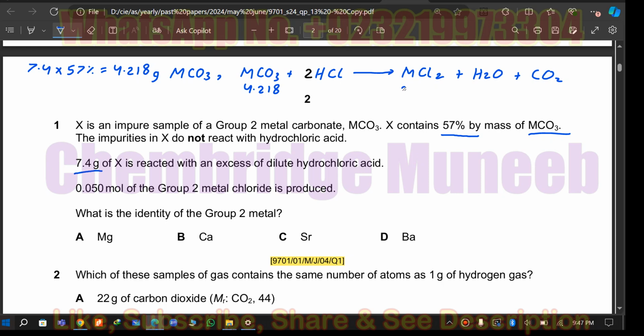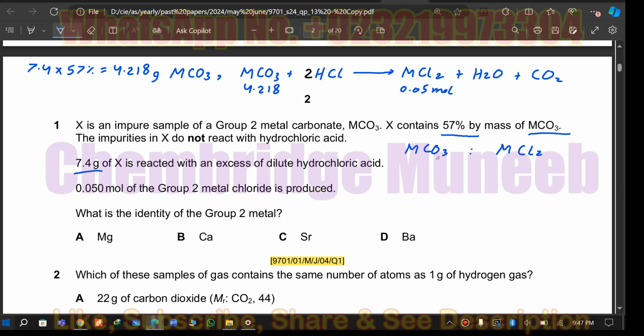This MCl2 is 0.05 mole. Now using these two values, we can determine the mole of the compound MCO3, because we are given mole of MCl2, but we need to find the mole of the MCO3. So for this purpose, I am going to take a ratio between MCO3 and MCl2.